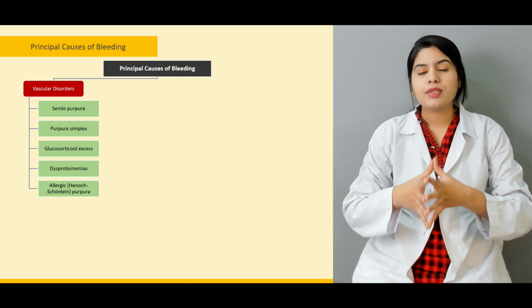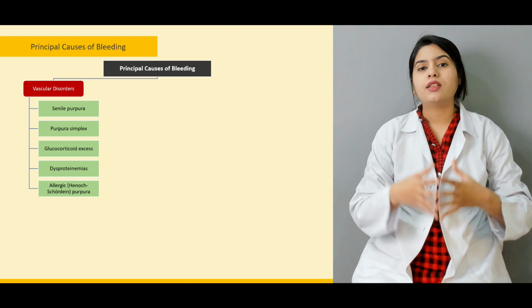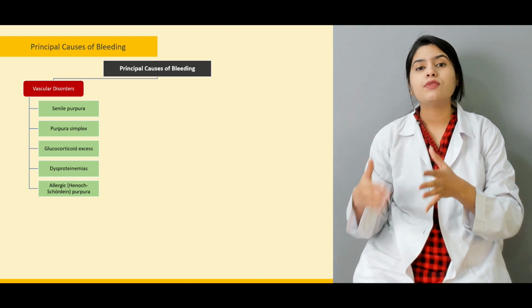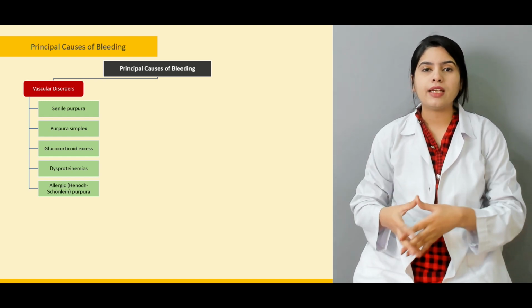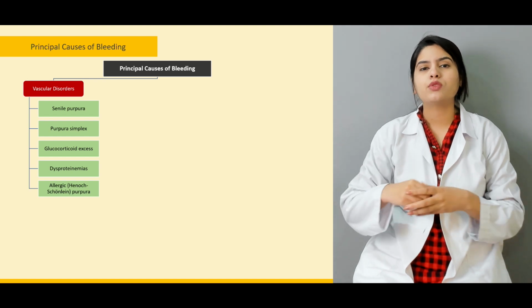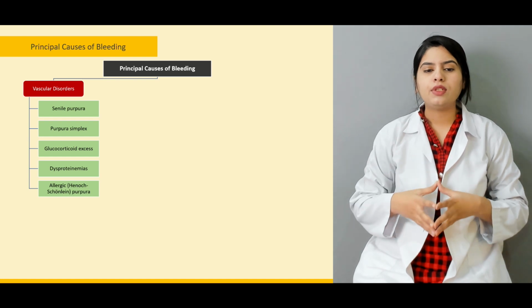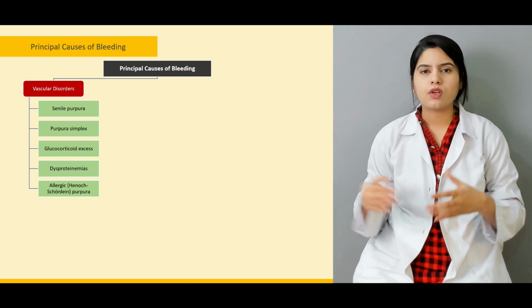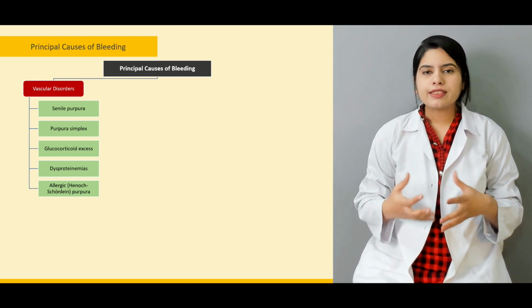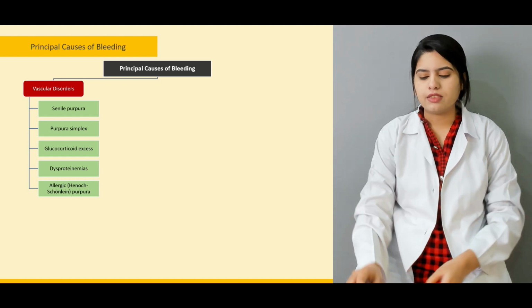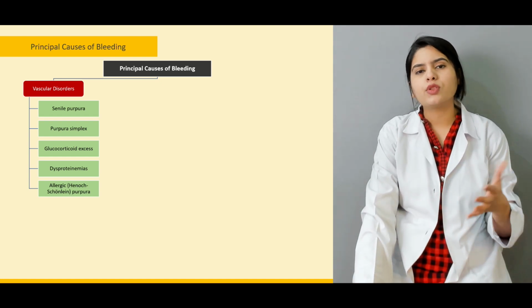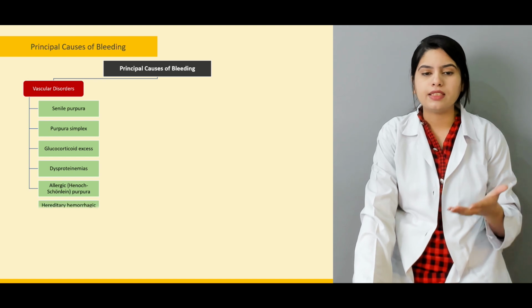Allergic purpura is basically a condition due to inflammation of the small blood vessels, which leads to the appearance of purplish spots on your body and to different symptoms of the gastrointestinal tract, kidney, and joints as well. We will discuss this disease in detail in our coming slides.